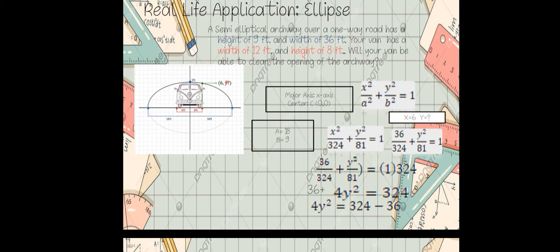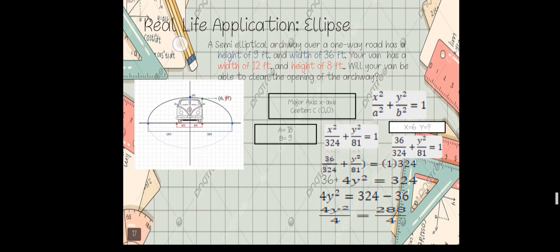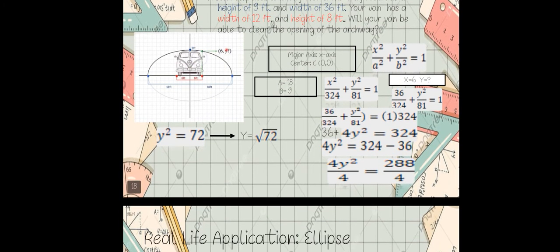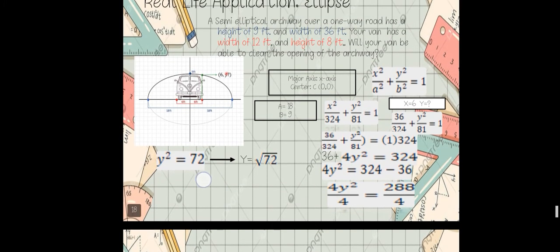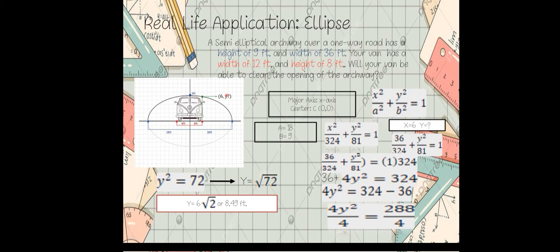We then divide both sides of the equation, so we are left with y squared is equal to 72.